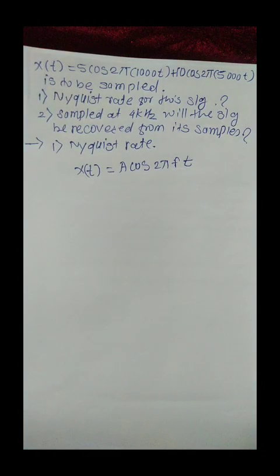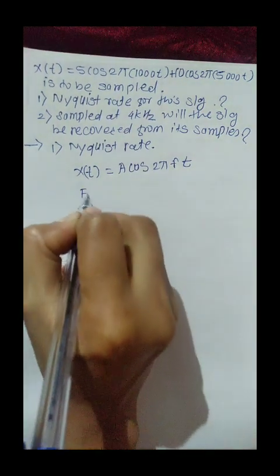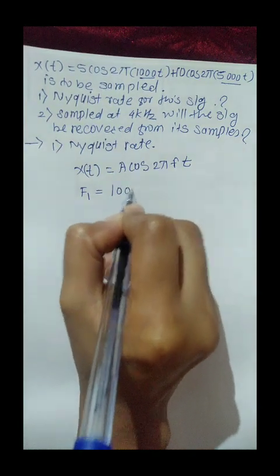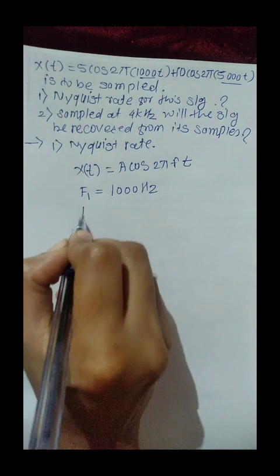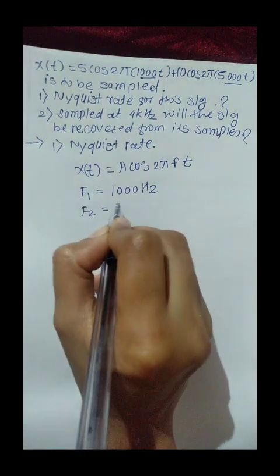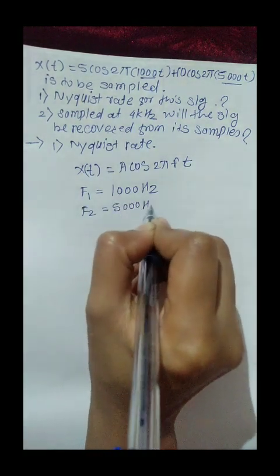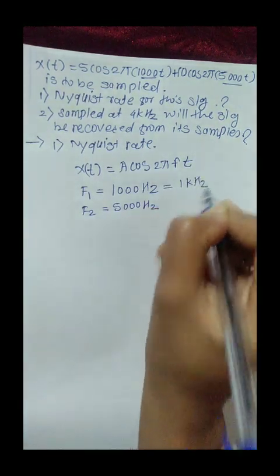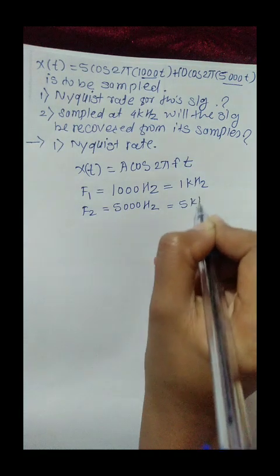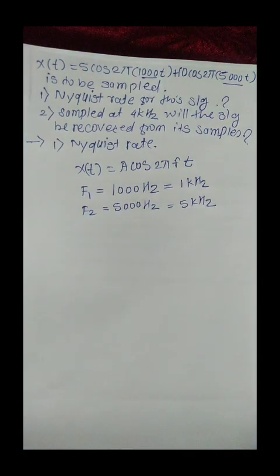So from this formula we can say that f1 is 1000 hertz and f2 is 5000 hertz, which are also called 1 kilohertz and 5 kilohertz.